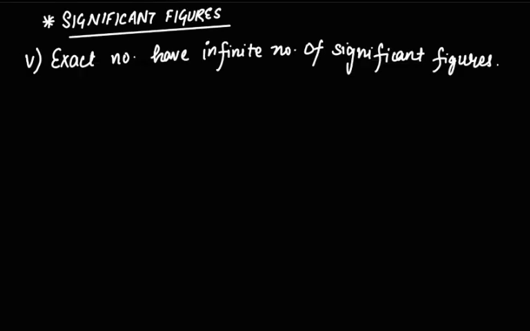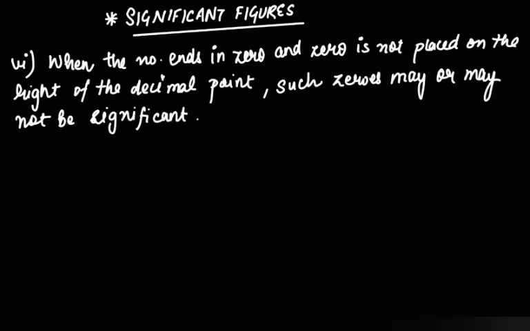Our fifth rule is that exact numbers have an infinite number of significant figures. For example, 2 bags. This is an exact number, therefore it will have an infinite number of significant figures. Our sixth rule is that when the number ends in 0 and the 0 is not placed to the right of the decimal point, then such zeros may or may not be significant. For example, let's say 200.